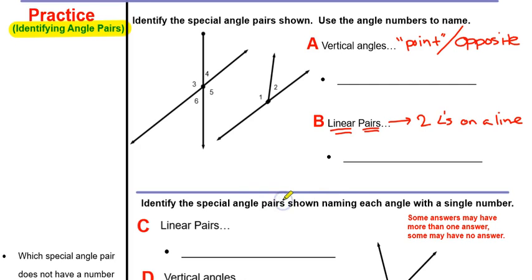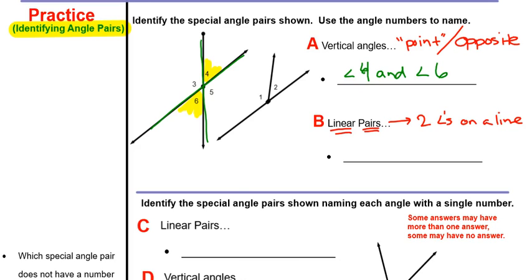Let's first identify some of our angles here. So we have these all numbered. Notice there's no letters. We're going to use our numbers. So we have angle 4 pointing at angle 6. Noticing these two straight lines that intersect each other. That makes angle 4 and angle 6 vertical angles.